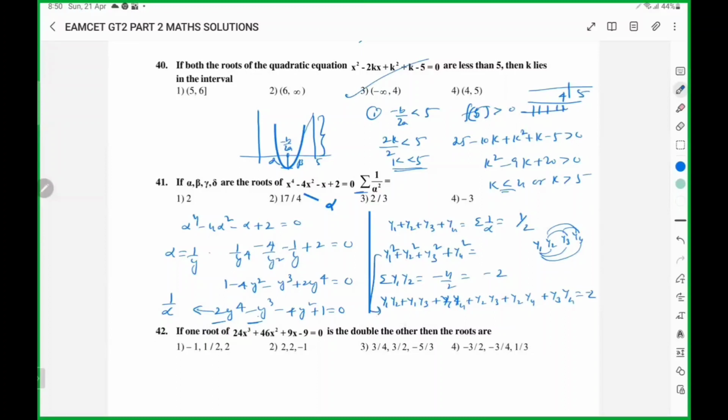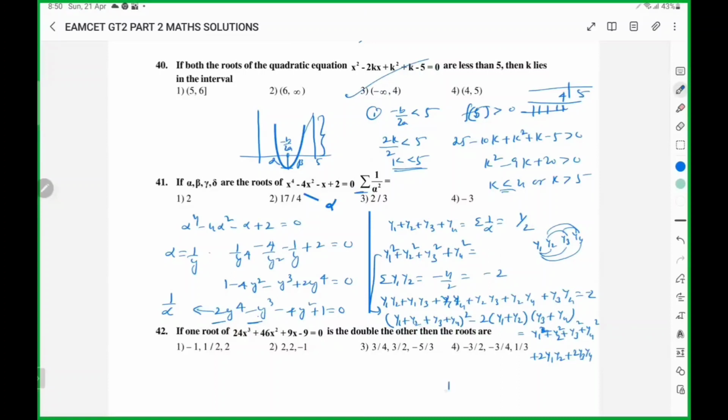So this expression I can write as (y1 plus y2) whole square plus (y3 plus y4) whole square minus 2 times (y1 plus y2) into (y3 plus y4), which is equal to y1 square plus y2 square plus y3 square plus y4 square plus 2y1y2 plus 2y3y4.